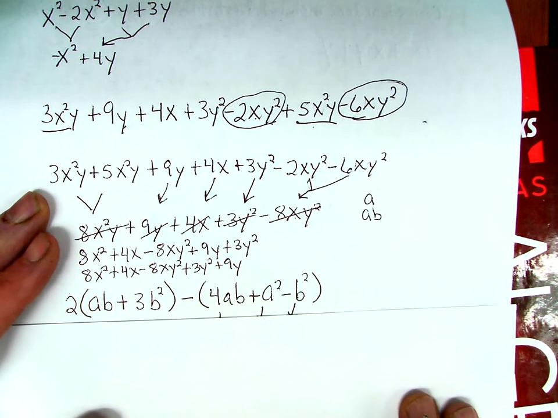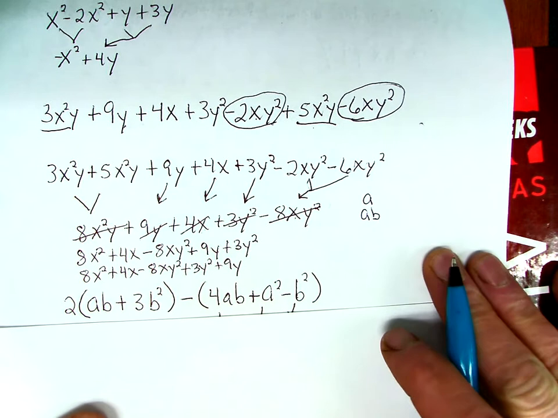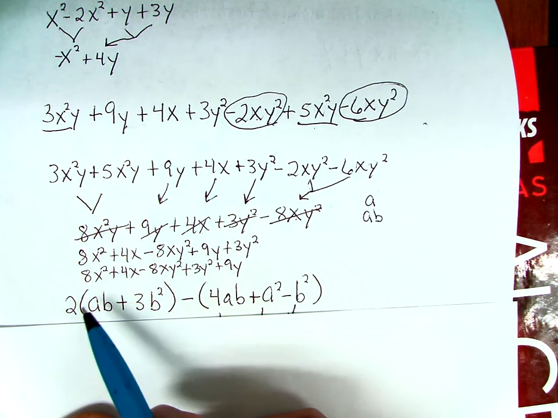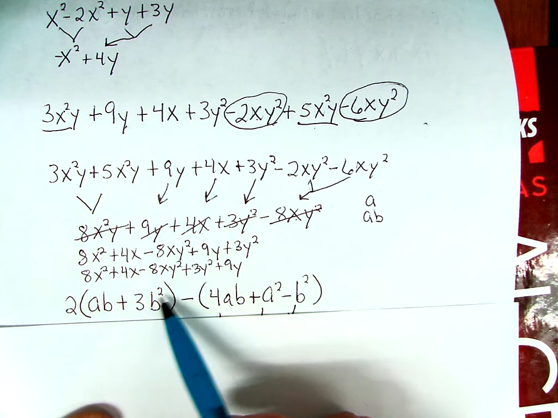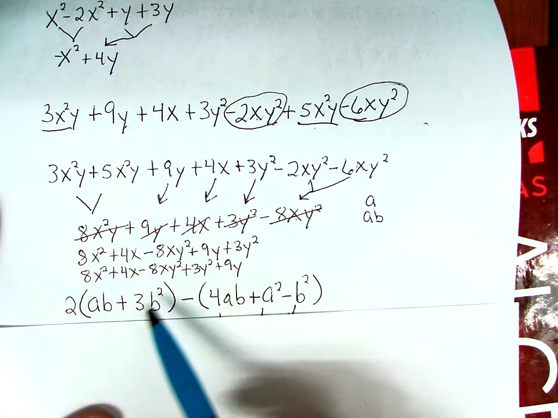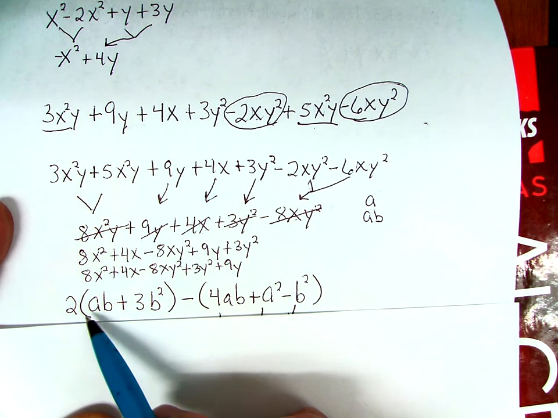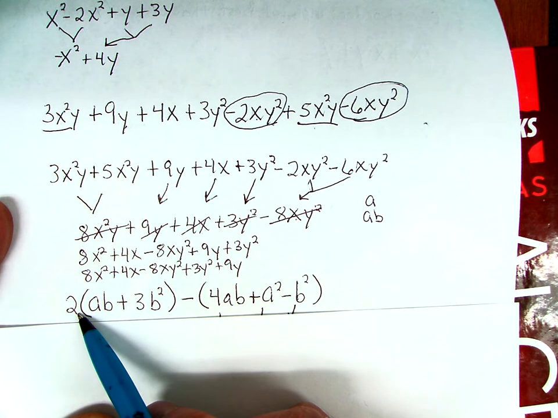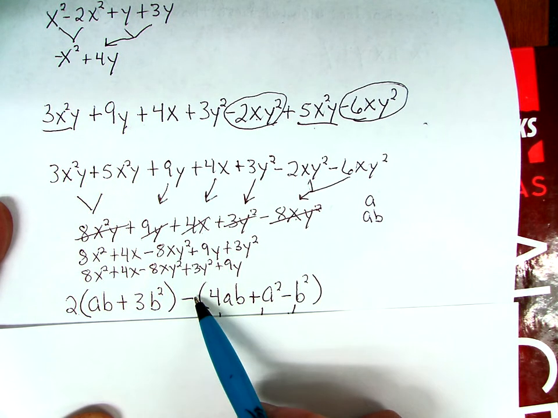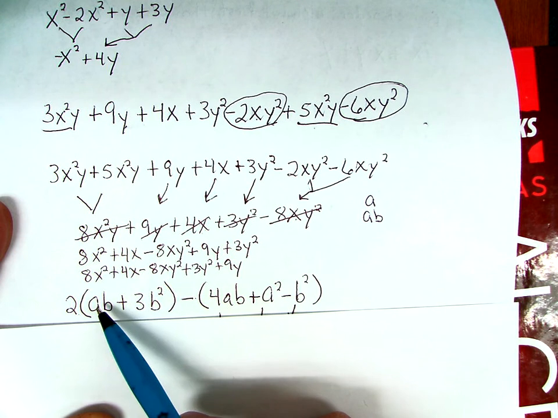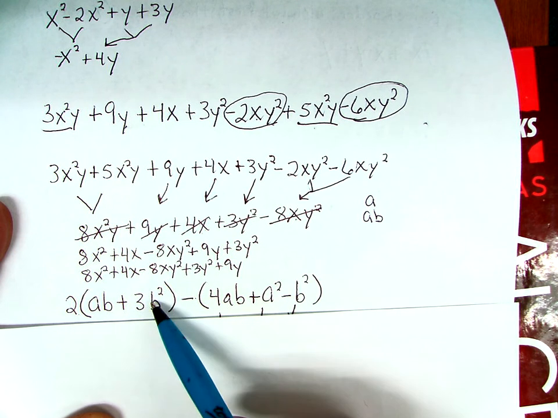Moving on. What if we have groupings like this? What do you call this? Distributive property. We have distributive property here, and we have distributive property here. Here, everything on the inside gets multiplied by 2.